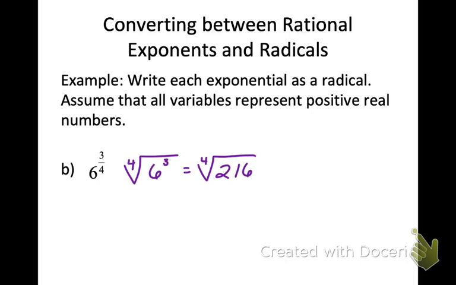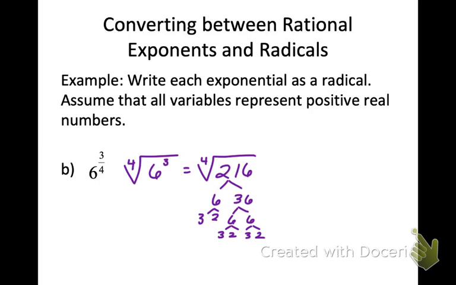Now, do you guys remember simplifying radicals using your factor trees? I remember that being difficult. So I make two numbers that multiply to get 216. 216 divided by 6 is 6 and 36. 36 is 6 and 6. This is 3 and 2, 3 and 2, 3 and 2.